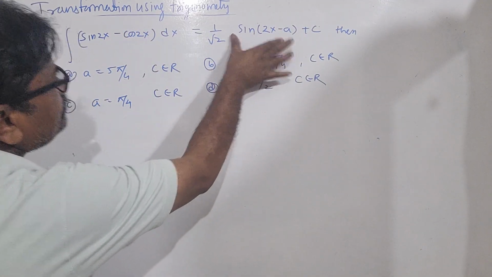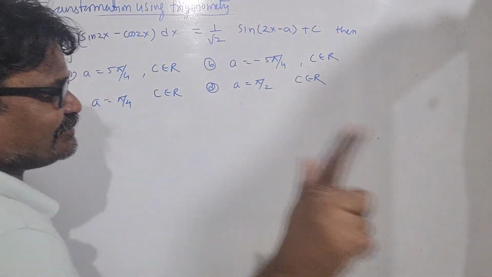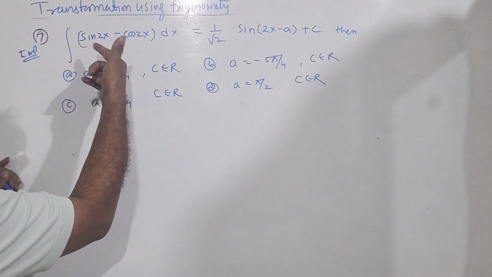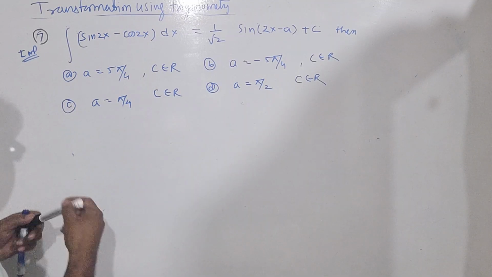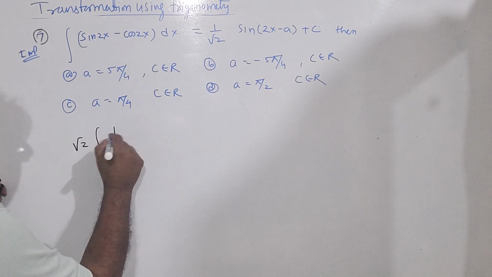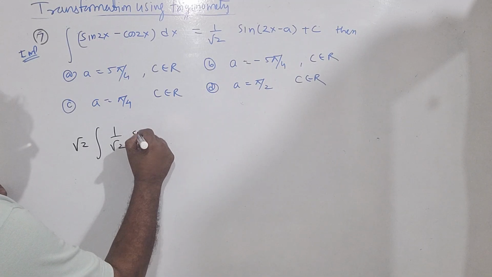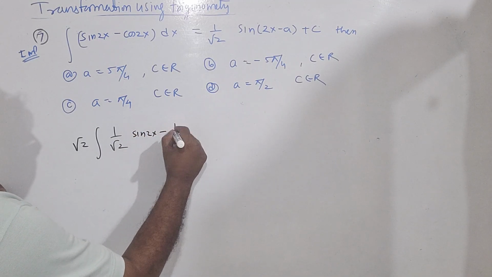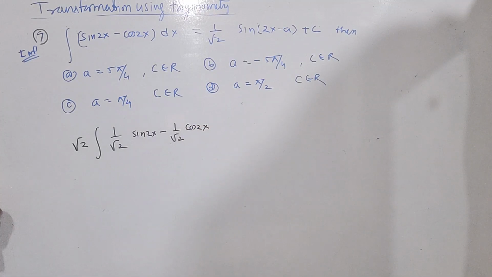Here it is sin, so this whole expression has to be converted into cos. Got it? And this is a sin x plus or minus b cos x. Therefore I will multiply and divide by square root of a squared plus b squared. a is 1, b is 1, so 1 by root 2. So this is sin 2x 1 by root 2 cos 2x, correct.